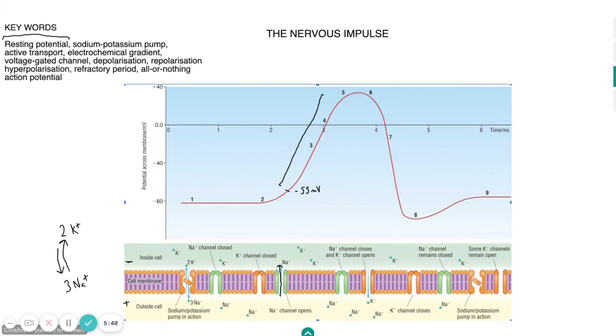And we call this process depolarization. Depolarization is the diffusion of sodium ions into the neuron, causing the charge to become more positive. And it always goes close to +40 millivolts, it doesn't go beyond that.